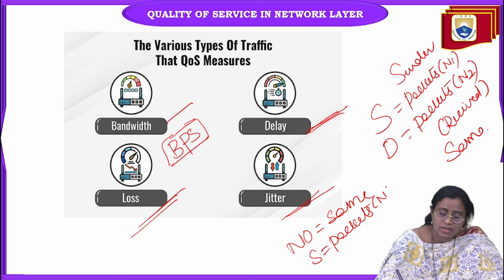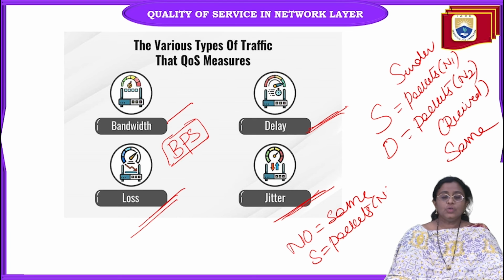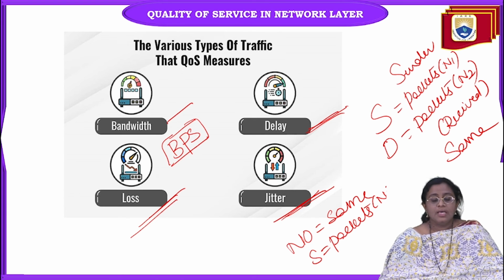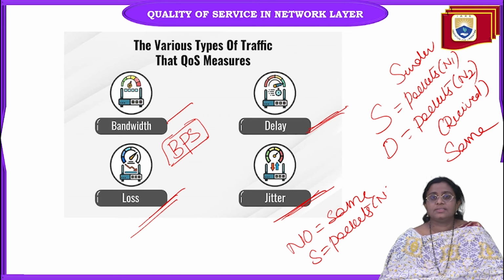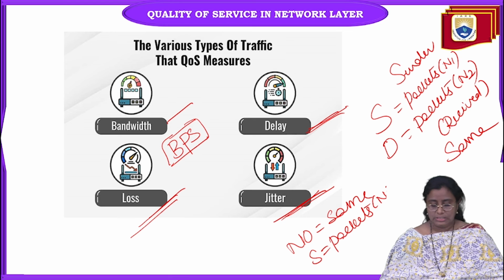That condition is what we can call jitter. So the various topics of QoS measures are bandwidth, delay, loss, and jitter.